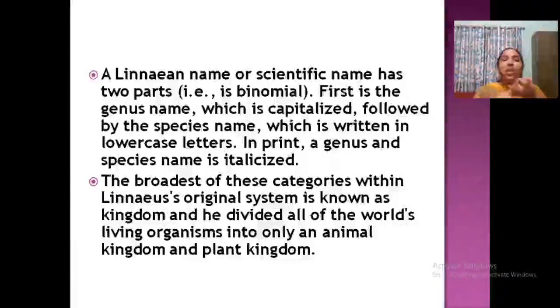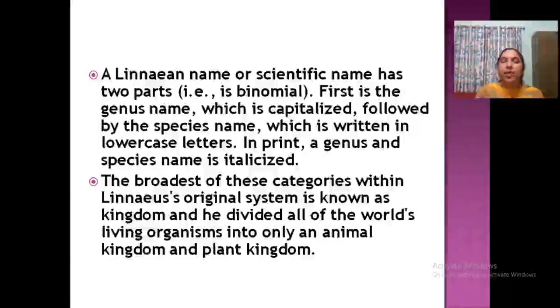For example, Mangifera indica. Mangifera is the generic name and indica is the specific name. Clear? When writing, you write Mangifera with a capital M and the specific name entirely in small letters, and you underline it. But when printing, you italicize the name.